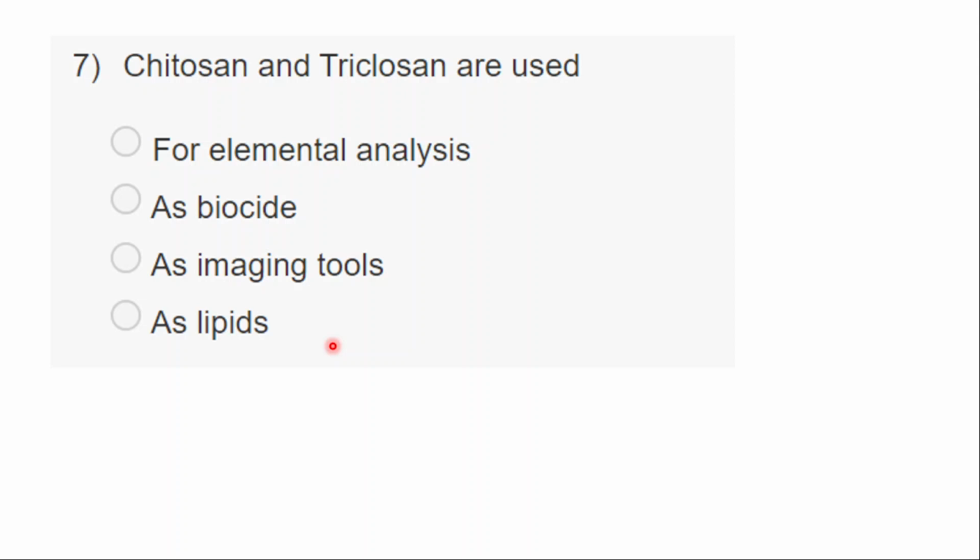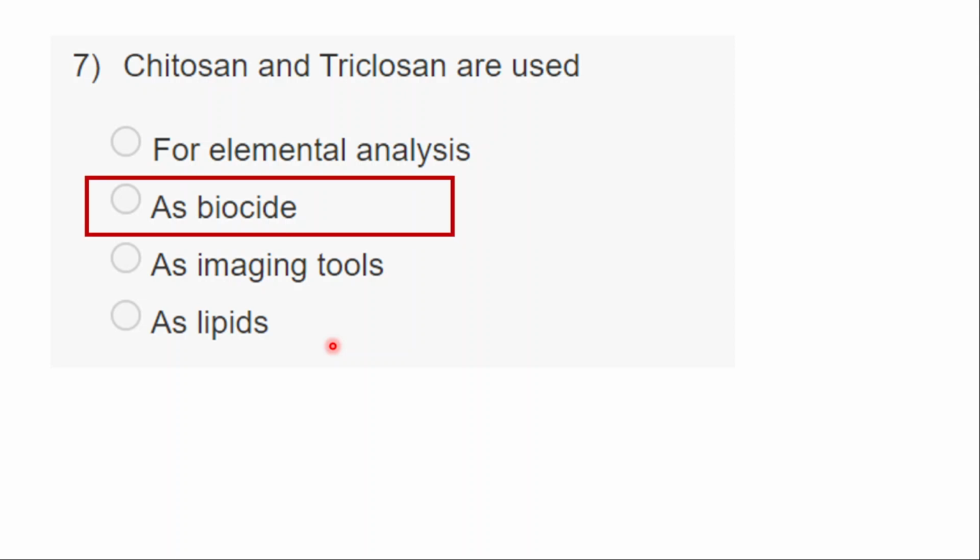Let's move on to see what is the correct answer. B is the correct answer. Well done. You guys have all answered very correctly.